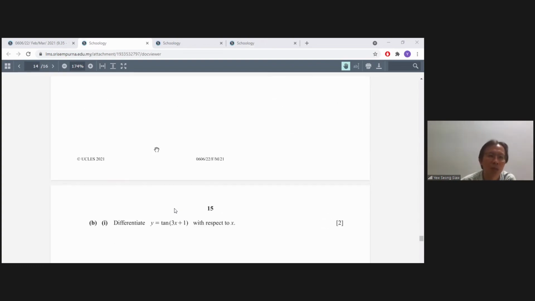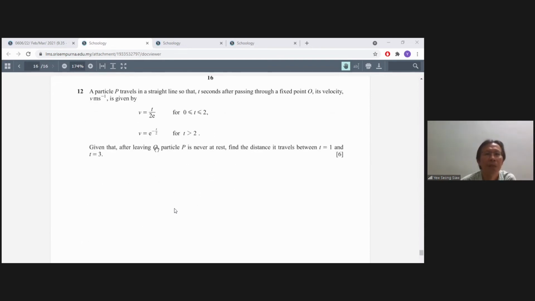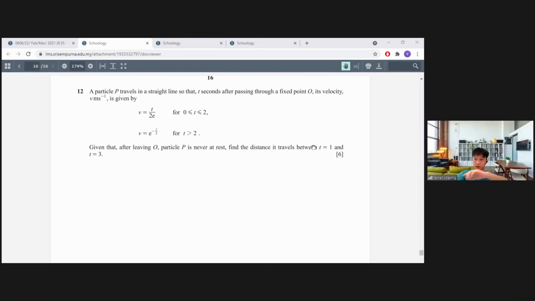I think this question you are also not very familiar with. Can you answer me this? Question number 12. Six marks. Okay, it's only one question, no A and B. What topic is this? This is the traveling in a straight line one.